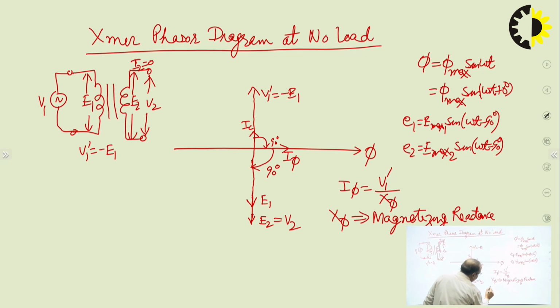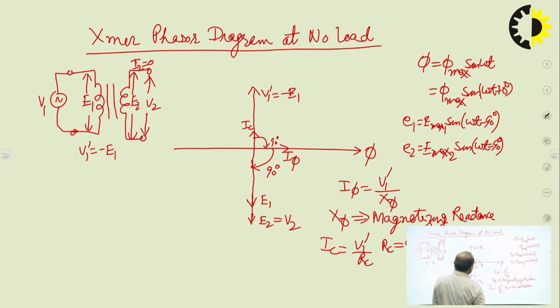IC is given by V1 dash upon RC, where RC is the core loss resistance. And we know in a resistance, current and voltage are in the same phase. That's why IC is along V1 dash. That is the reason for this.